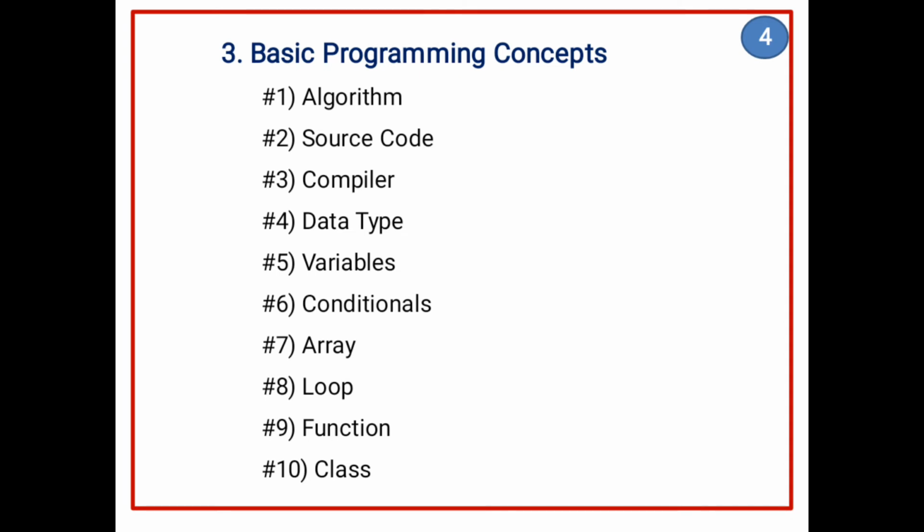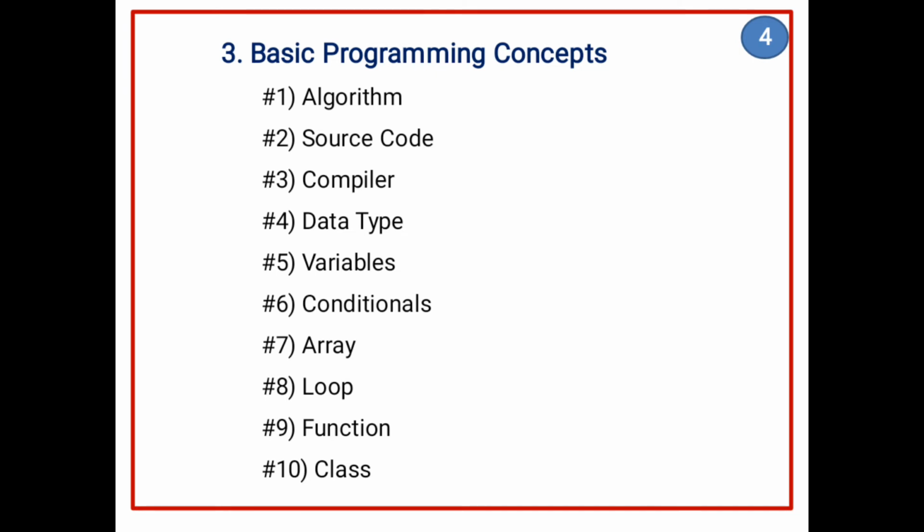All these basic programming concepts we will discuss one by one. The first is algorithm. An algorithm is a set of steps or instruction statements to be followed to accomplish specific tasks. A developer can design his algorithm to achieve the desired output.